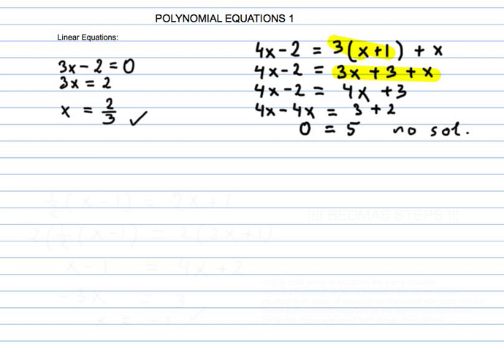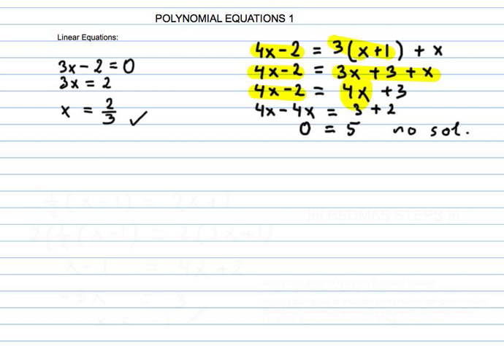So the next step is to add like terms. So 3x and x gave us 4x. And please note that we just copy the left-hand side without making any changes because we didn't do anything to this side. So 4x minus 2 is copied the way it was given in the first place.